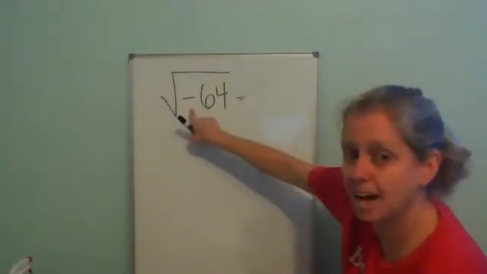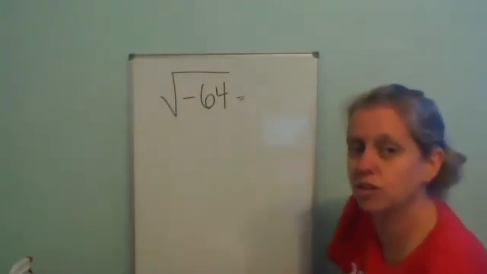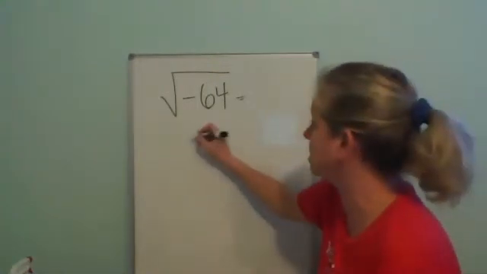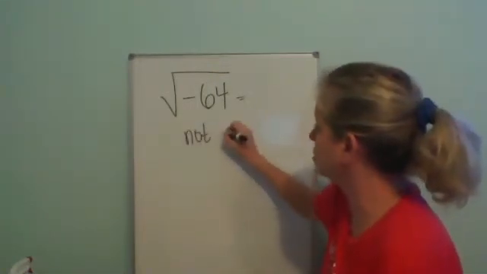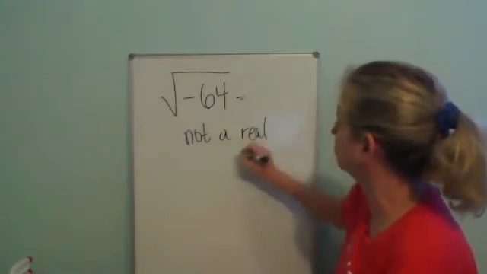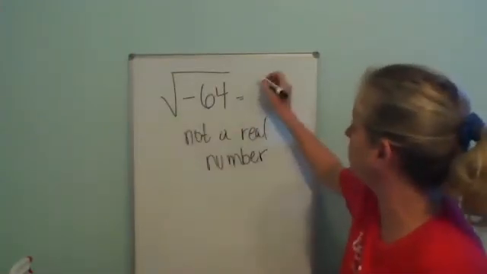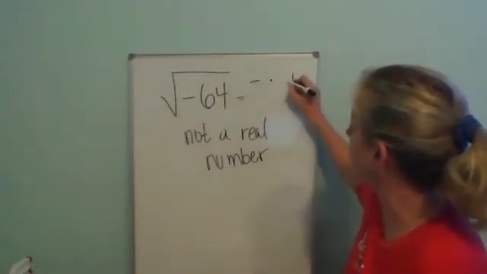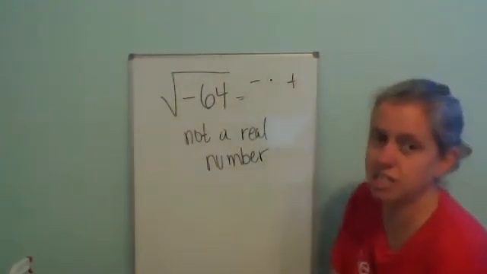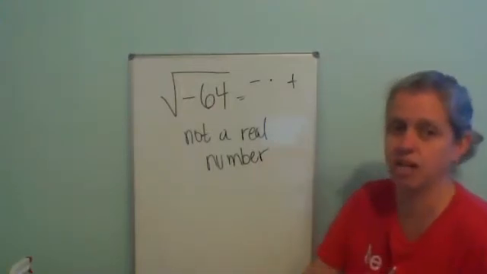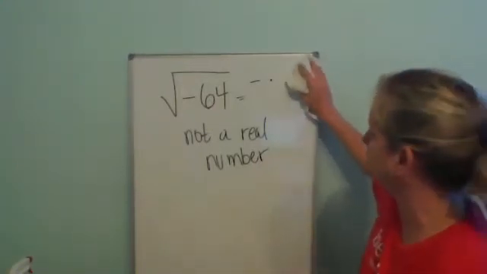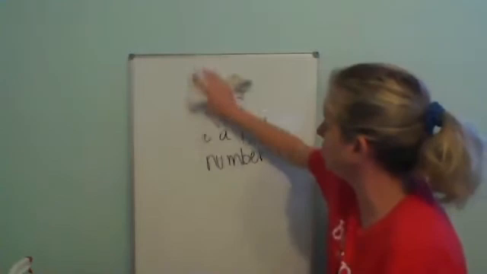If you multiply it times itself, you can't use a real number times itself to get -64. So it is just not a real number, right? Because in order to get that negative, you need a negative number times a positive number, which is not the same number then, if one's negative and one's positive. So the answer would be not a real number.